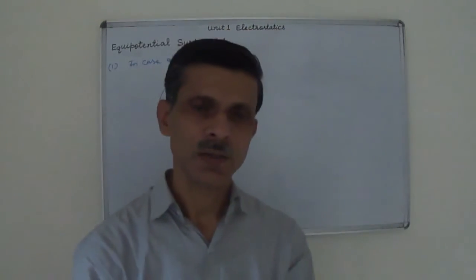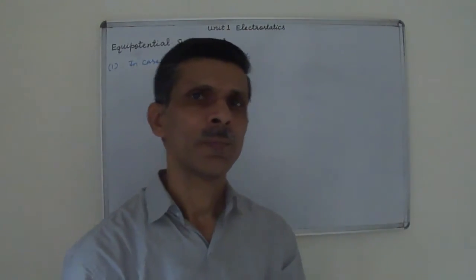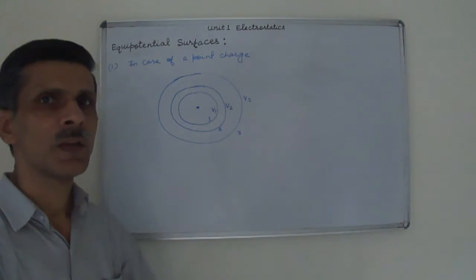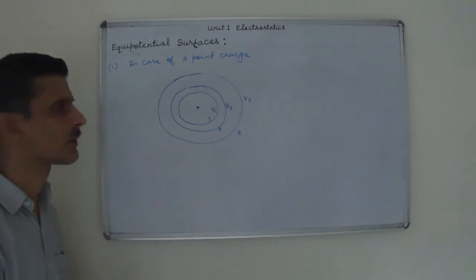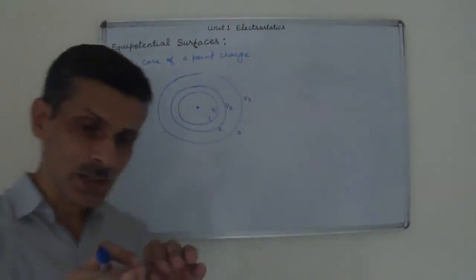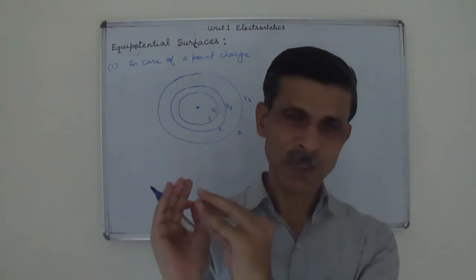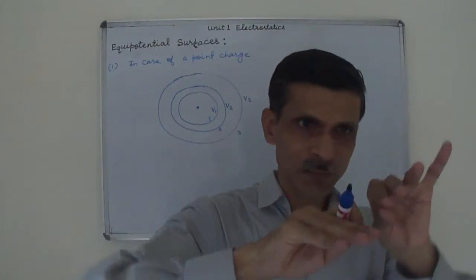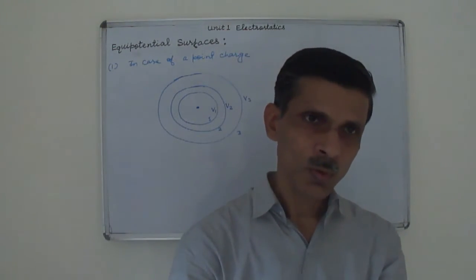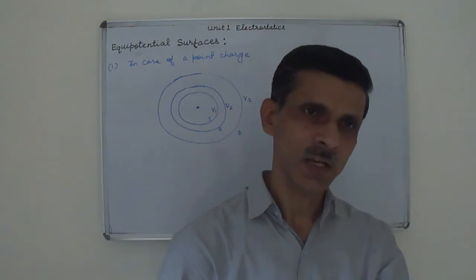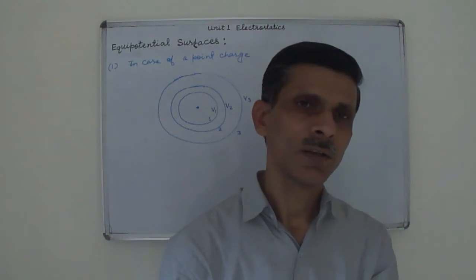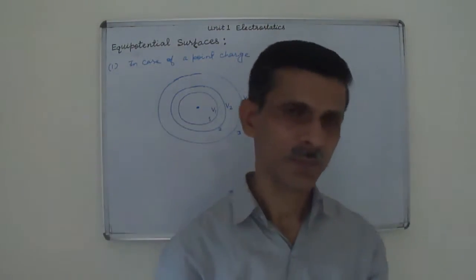So in this case, equipotential surfaces are concentric spherical surfaces. If there is a spherical charge distribution in place of a point charge, in that case also, equipotential surfaces are concentric spheres.